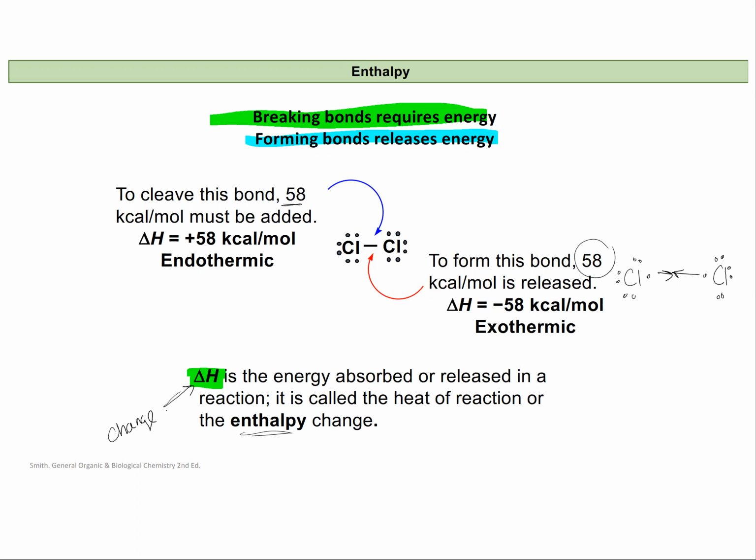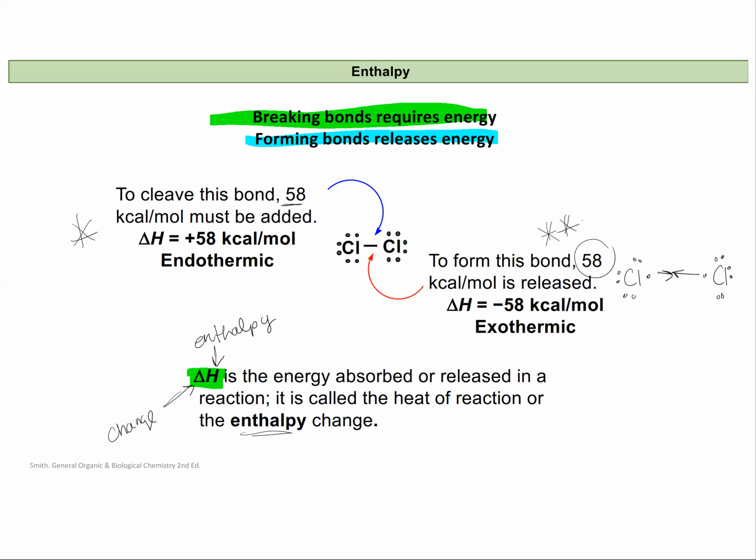So the change in the enthalpy, that H is enthalpy, is whatever energy is either absorbed, so that will happen when we need to break a bond, or released, which will happen when we form a bond. And it's the heat of the reaction, or the enthalpy change.